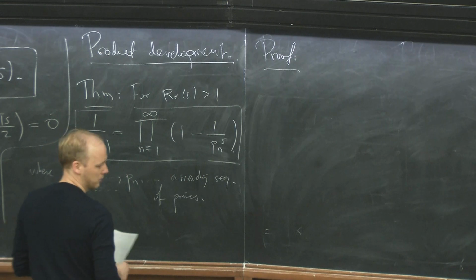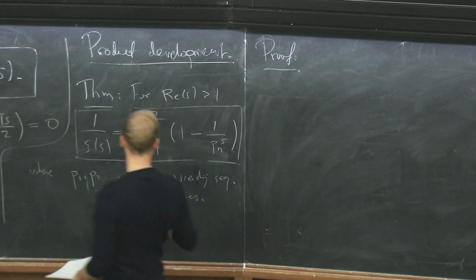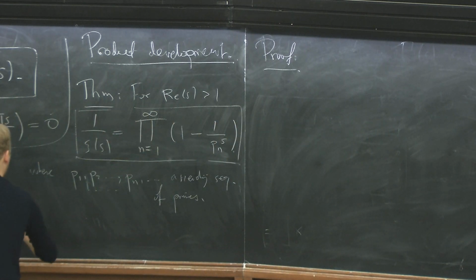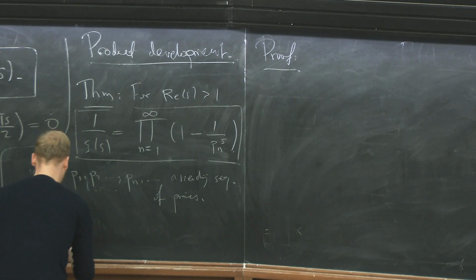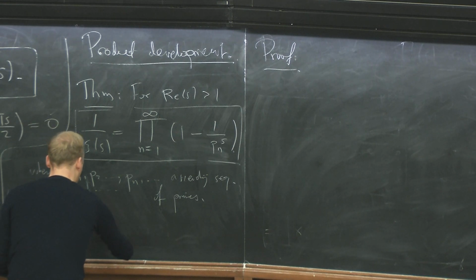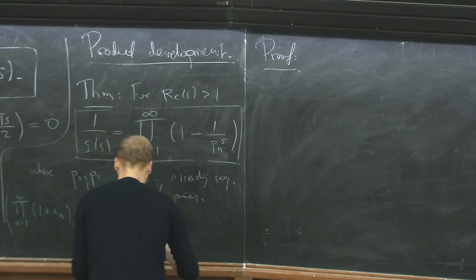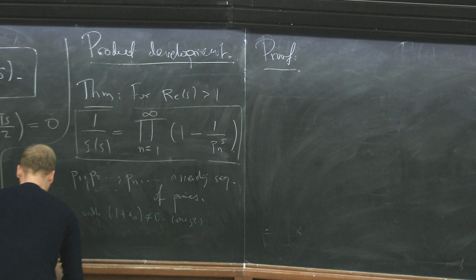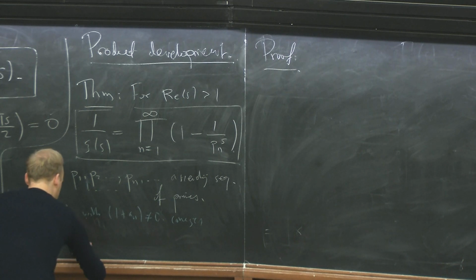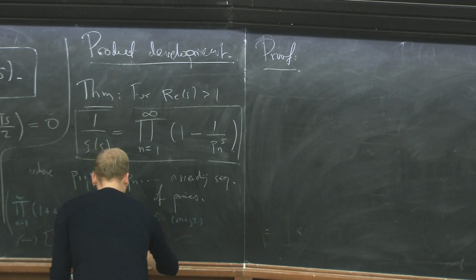First of all, I should tell you the following fact. What does it mean for this thing to converge here? Recall that the product of some sequence like this, with 1 plus a_n all non-zero, is said to converge if and only if the sum of log of 1 plus a_n converges, by definition.